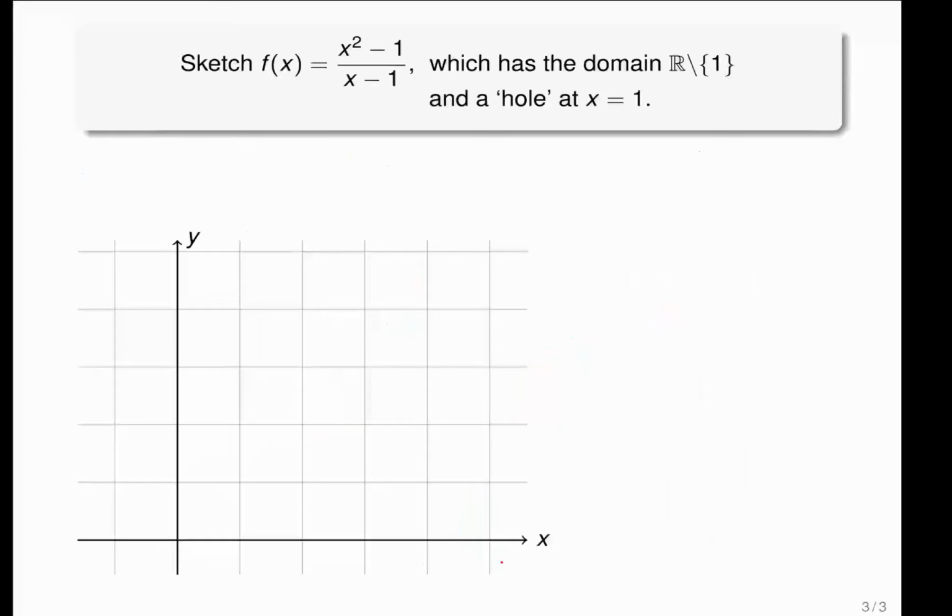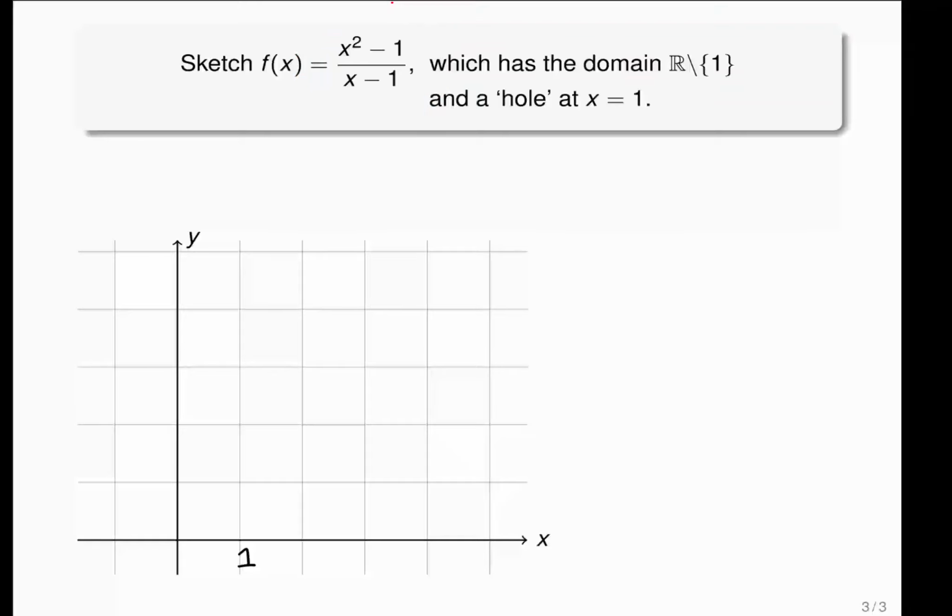Okay, let's now sketch the curve of our function, which we now know to have a hole at x equals 1. We will then show you how this hole can effectively be plugged up using the limit we just calculated. To help sketch the function, I'm going to employ a little algebraic trickery to make this formula here look simpler than it currently appears.